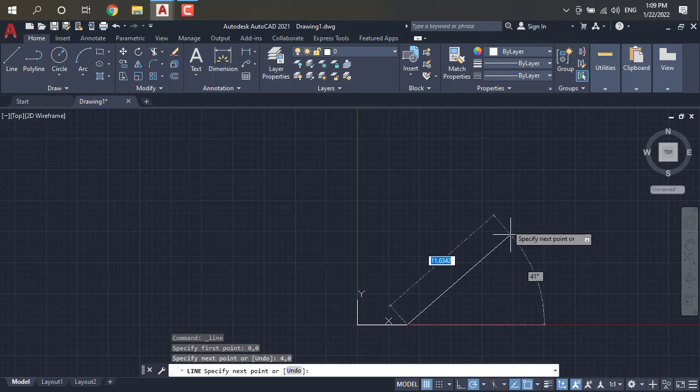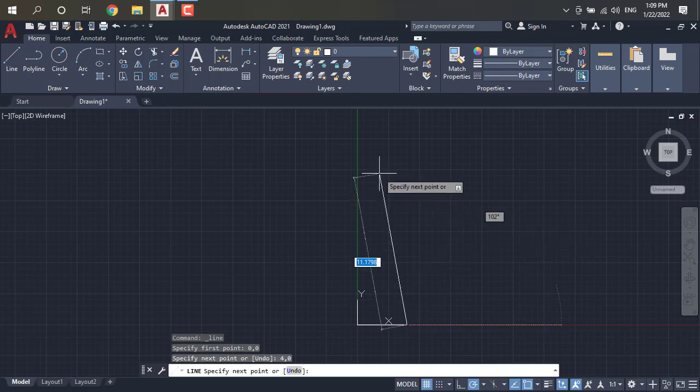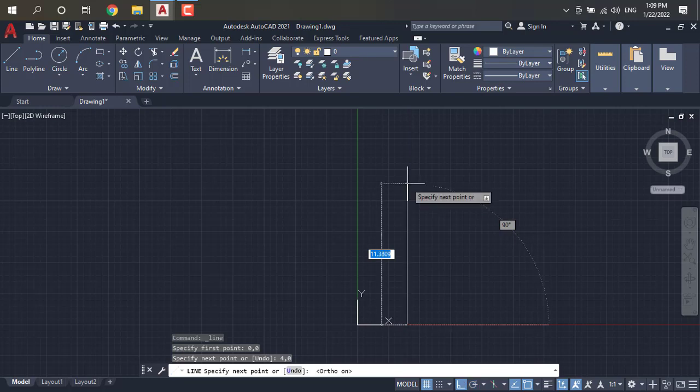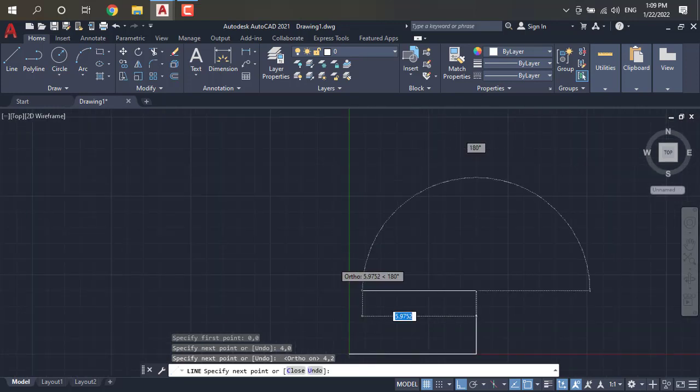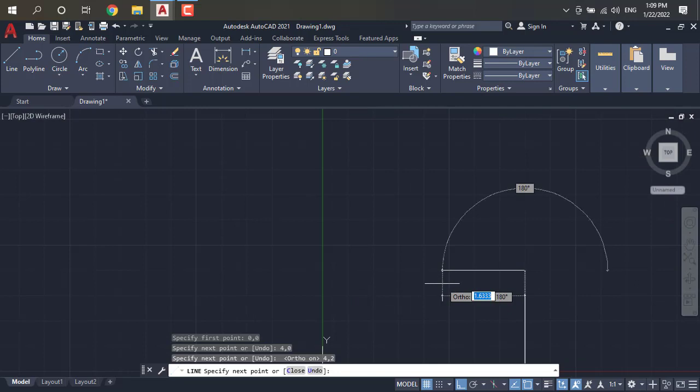From here I want to view 90 degrees. Put ortho, F8. Here I want to move 2 meters above. That's why x is 4, y is 2. Enter.